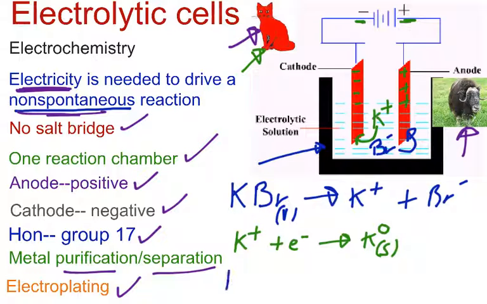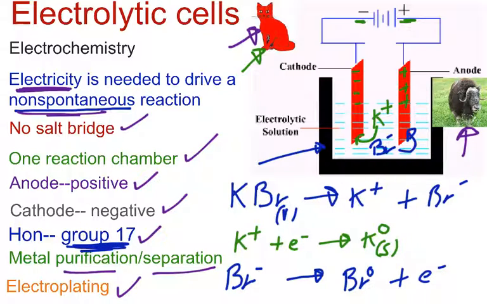So we will have Br minus losing electrons, so the electrons will go on the product side, going to Br0 plus an electron. But we have to watch out, once again, for this rule. Bromine is in group 17, and if it's by itself and neutral, it will be diatomic. So we have to say Br2.